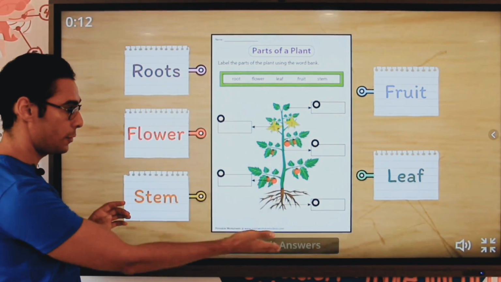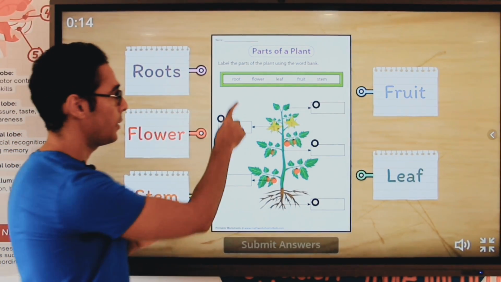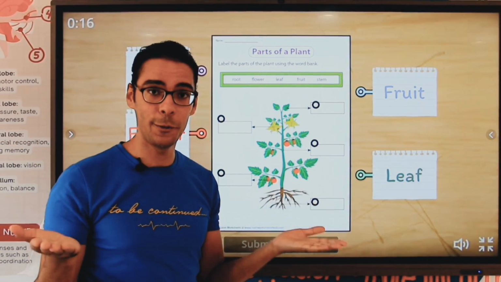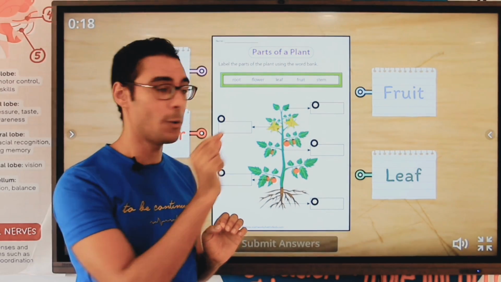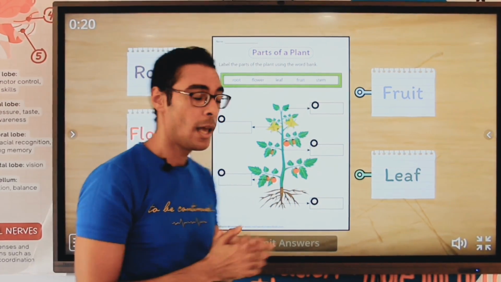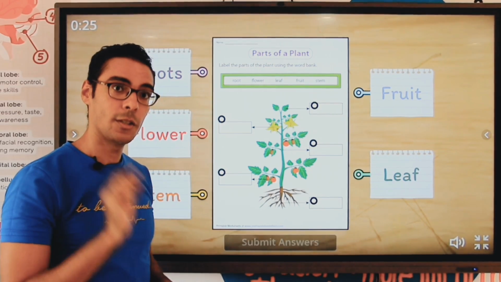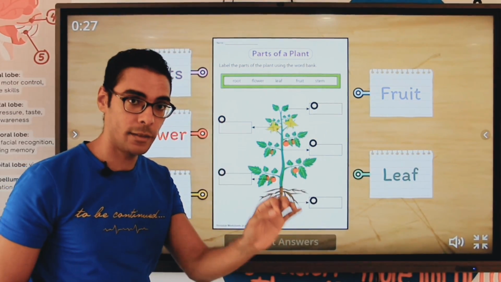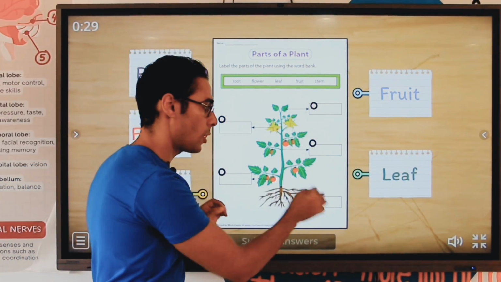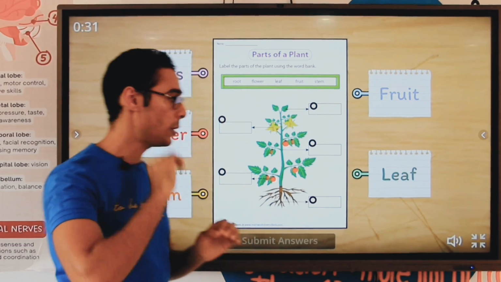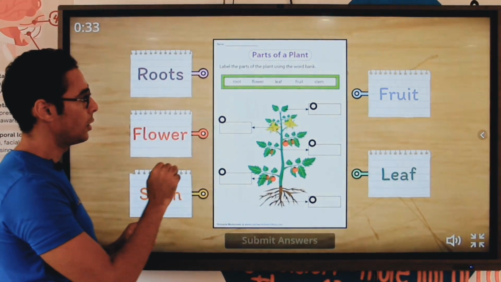So in front of you here is a plant, and here is a word bank for you. It could be a suitable guide to know the names of each part. Around the plant here, you have these parts. You need just to drag the suitable part and match it with its correct location. Let's start with the first one. Okay.